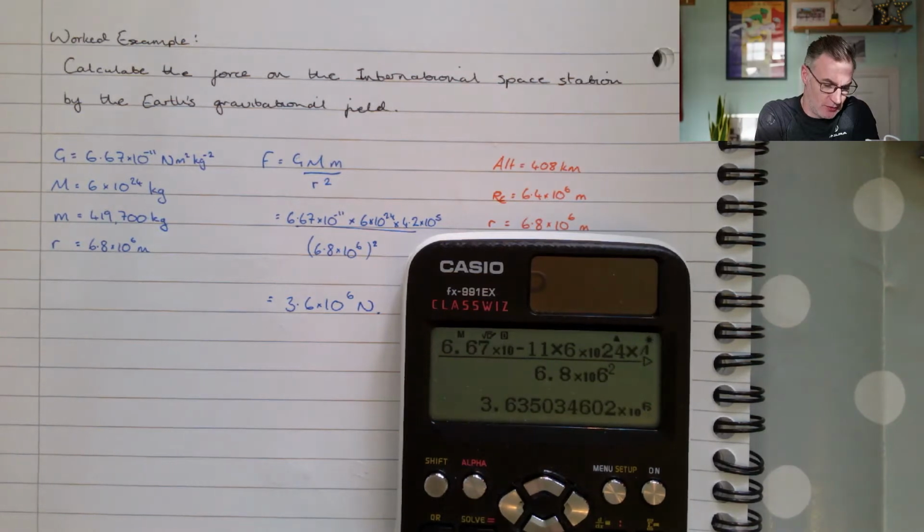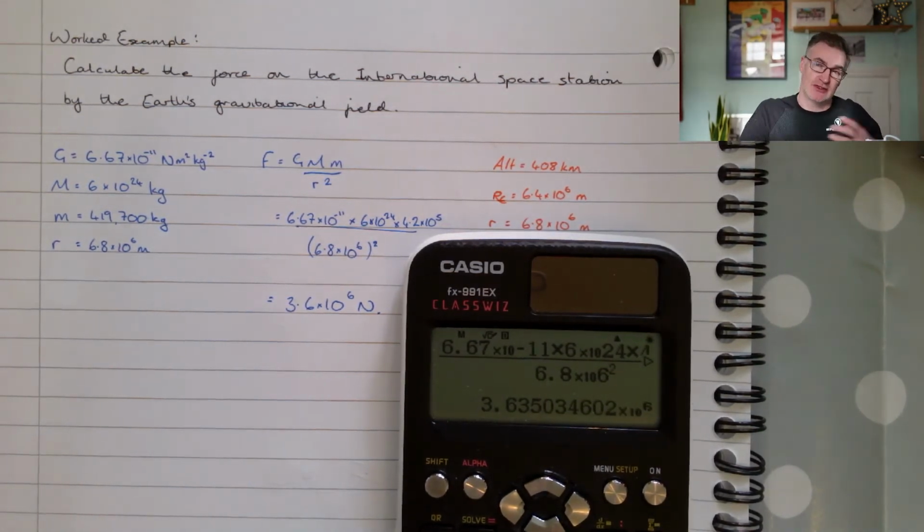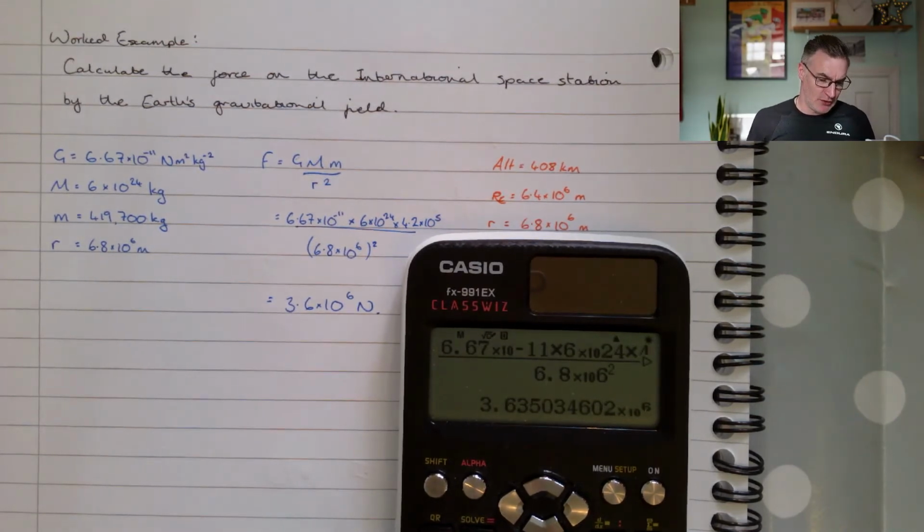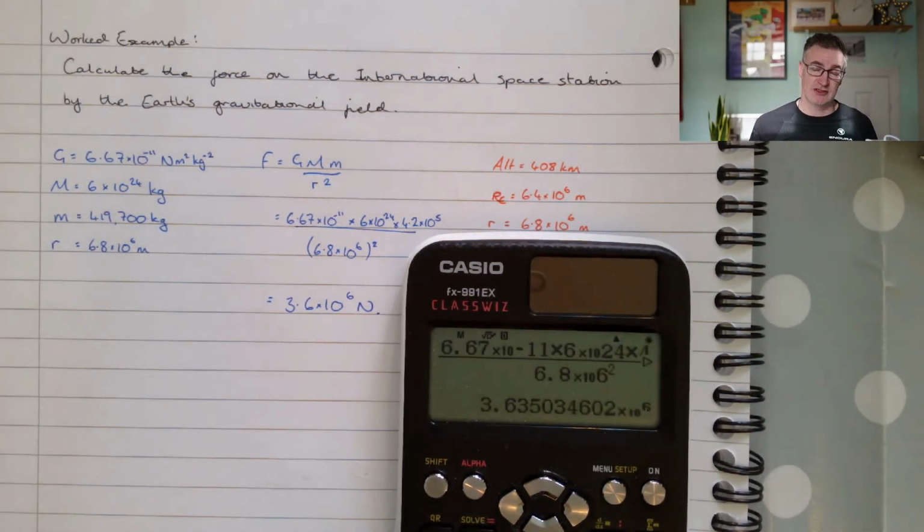And so if the ISS was transported back to Earth, you'd be looking at 4.2 times 10 to the 6, 4.2 meganewtons as the weight or the force that the Earth was applying to that. So that then makes sense after that.